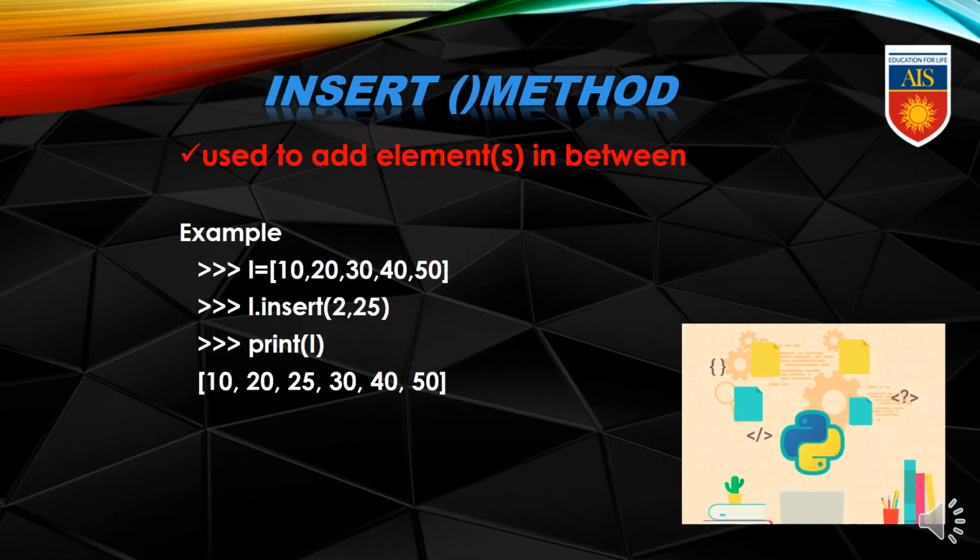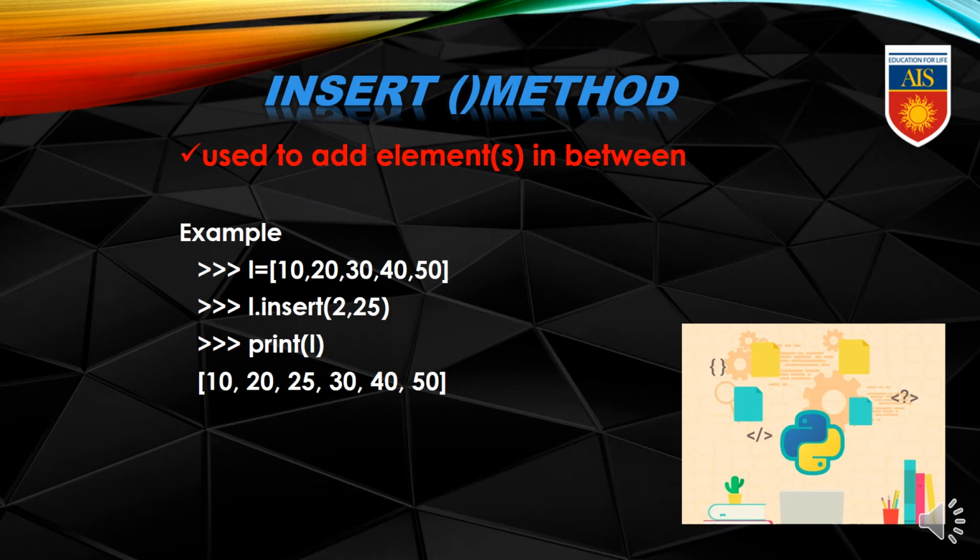Our next option is the insert method. It is used to add elements in between. That means in between we can add any value as per our requirement, but it depends on the index. We are having one example list 10 20 30 40 and 50, then L dot insert 2 comma 25. That means at the second index we want to insert 25.